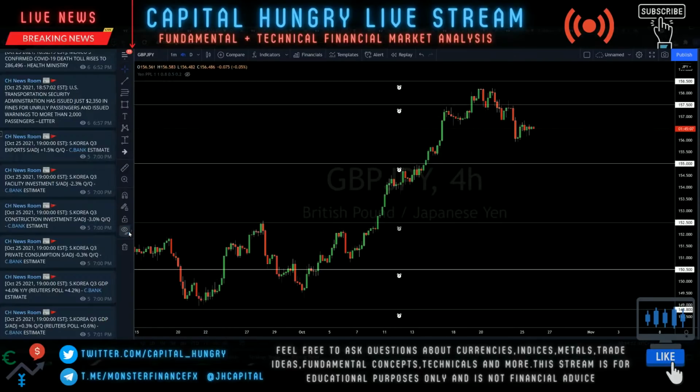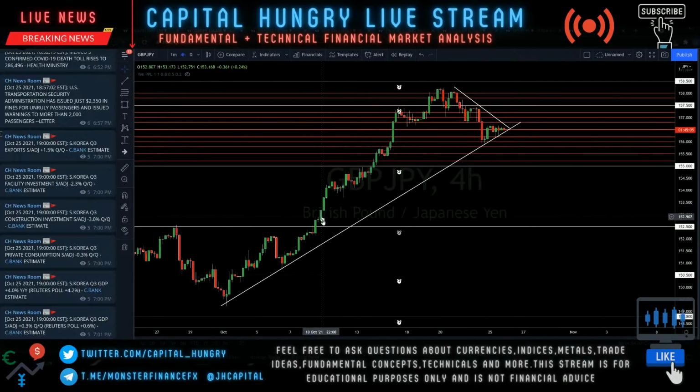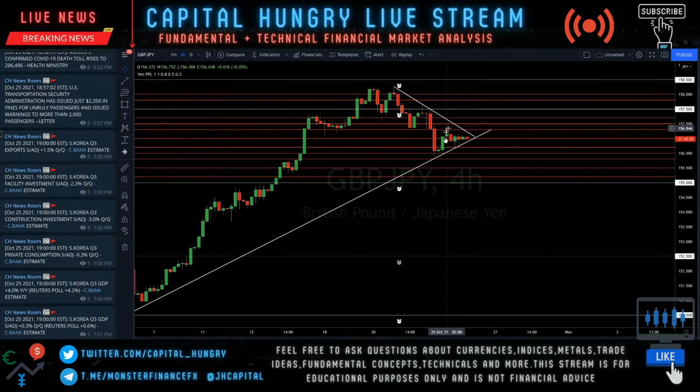But the good thing is that this pullback phase so far is at this 156 price point, the previous daily highs. So as long as we maintain over 156, I'm looking for potential breakout buys of this pullback structure after we verify that buyers are in the market to go to revisit these highs as target points.